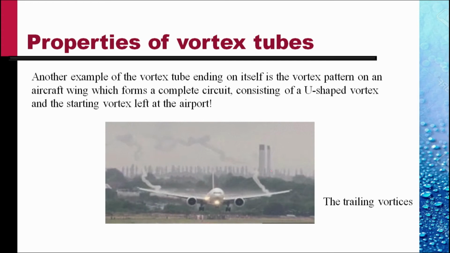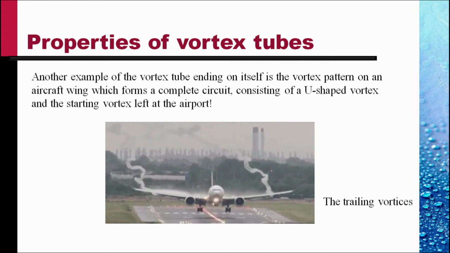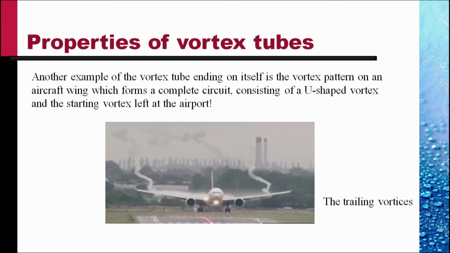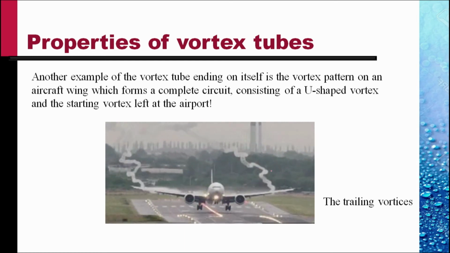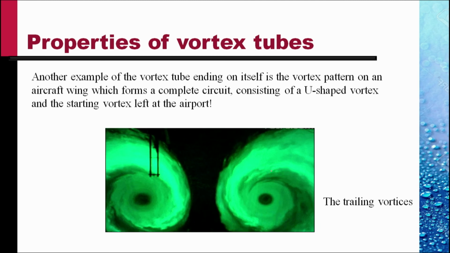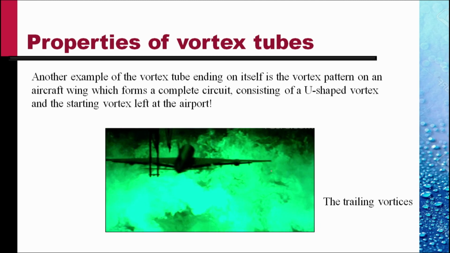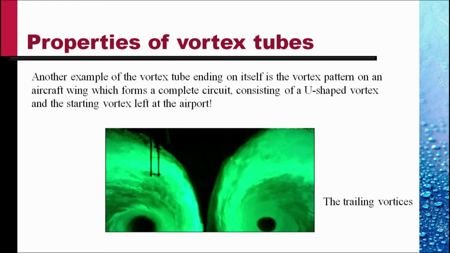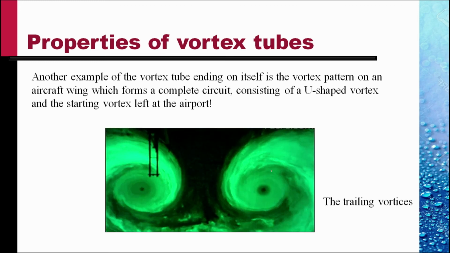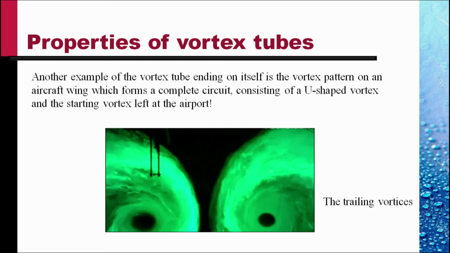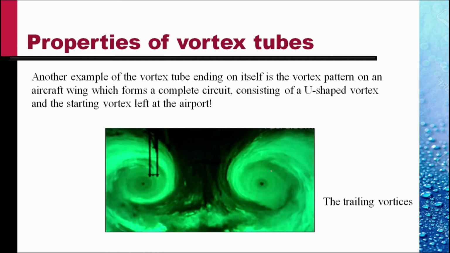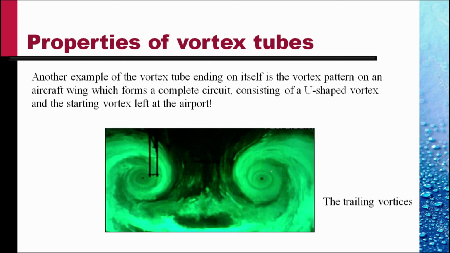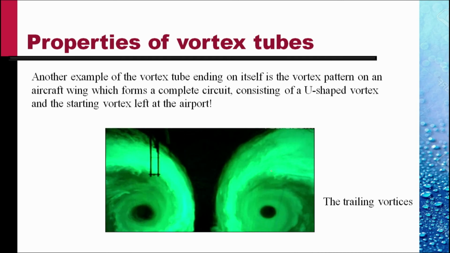This picture shows the vorticity trailing from the edges of the aircraft wing. Another view of these trailing vortices, we are looking behind the aircraft and the smoke is swirling around, showing two distinct vortices at the two wingtips.